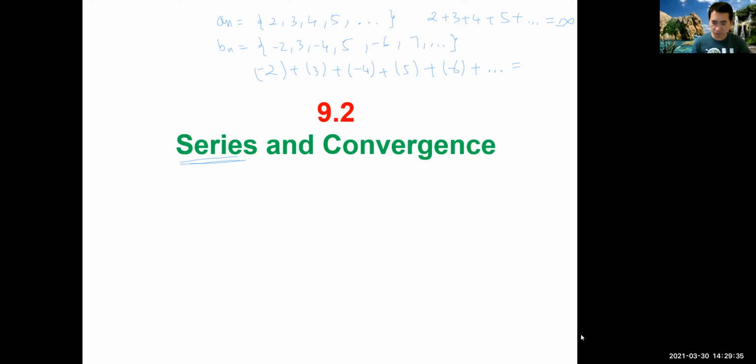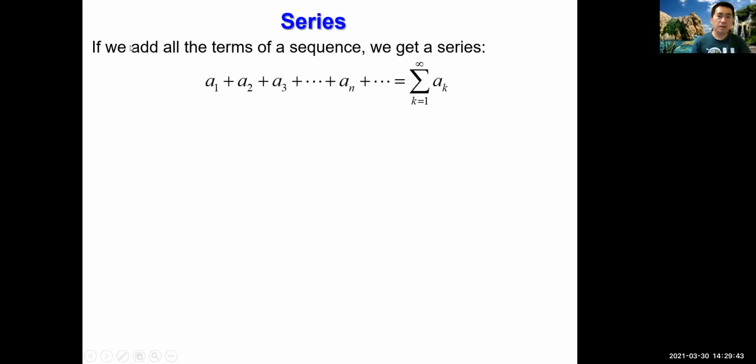Again, we're going to focus on the sum. If we add all the terms of the sequence, we get a1 plus a2 plus a3 plus ... plus a sub n. With summation notation, that's the sum of a sub k, k starting at 1 and going to infinity.